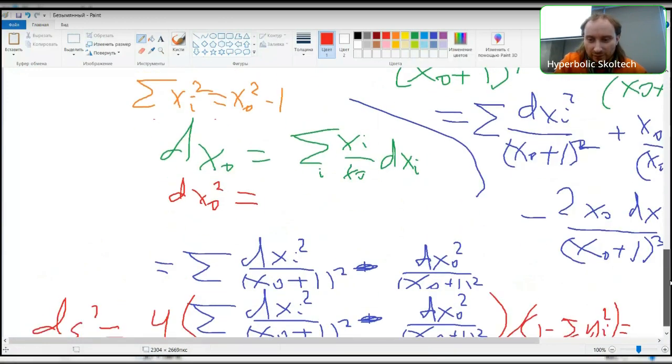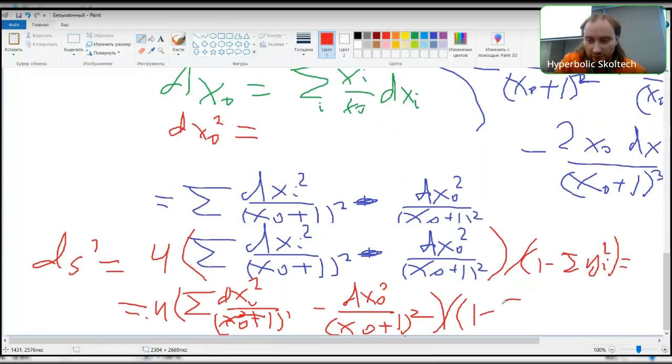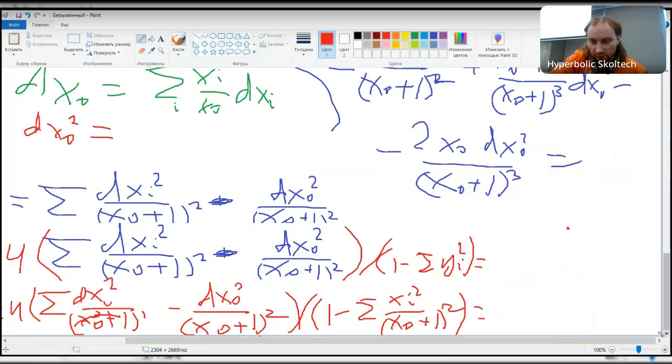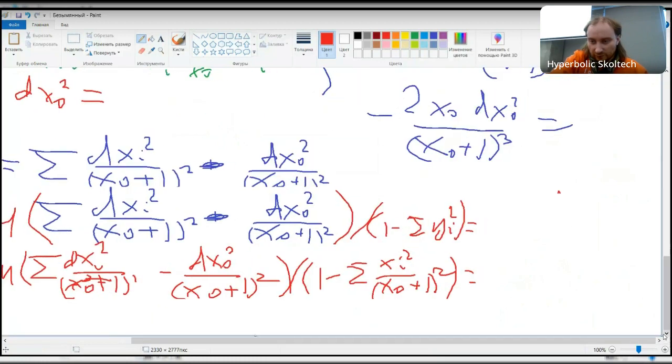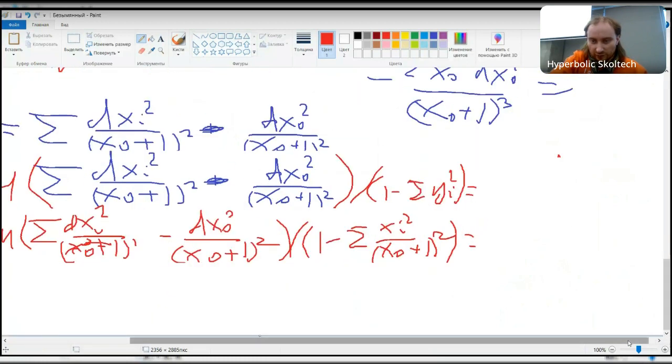So here we have sum of xi squared divided by x0 plus 1 squared. And this will give us something. So again, let me extend some place here.